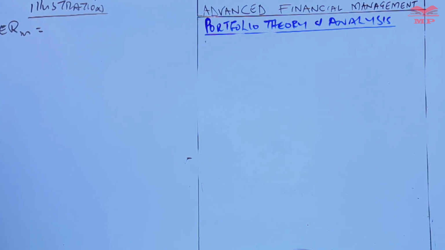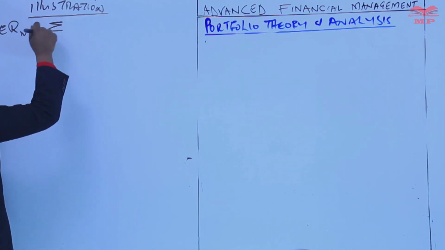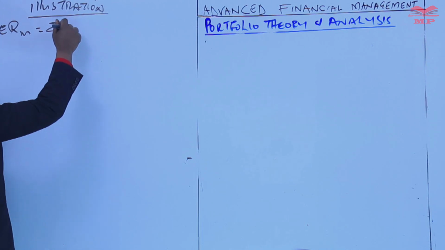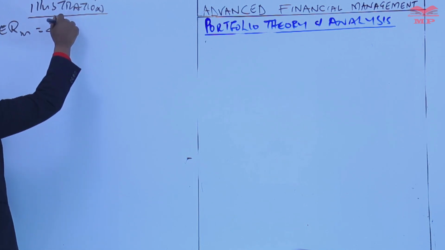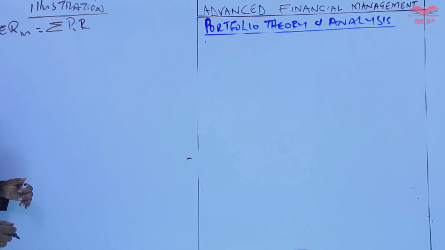So we will get the sum of the product of the probability and the return. The formula is to get the sum of the product of the probability and the return. You see the return? 20%, 8%, -4%.